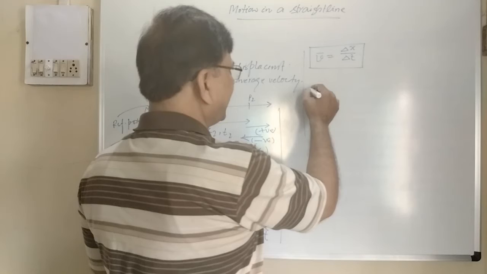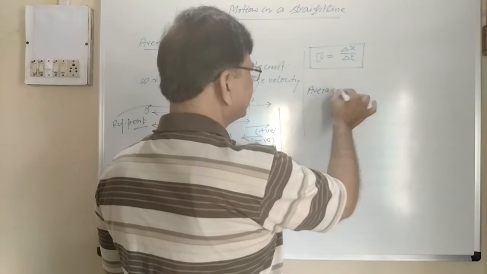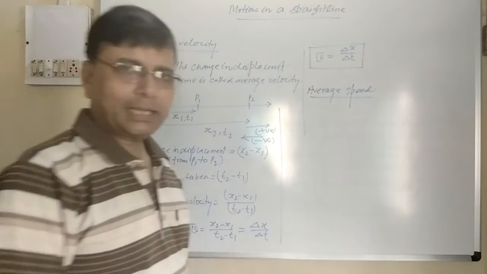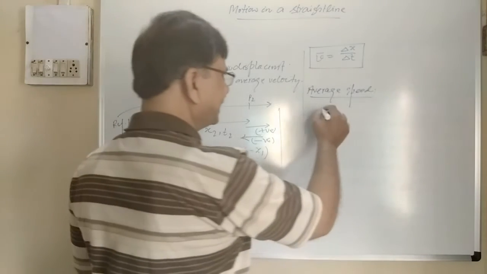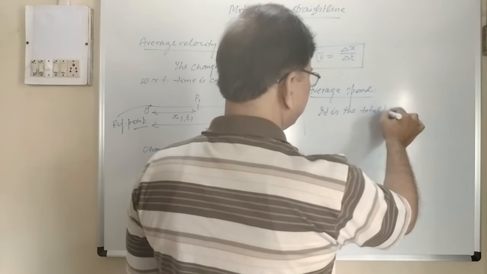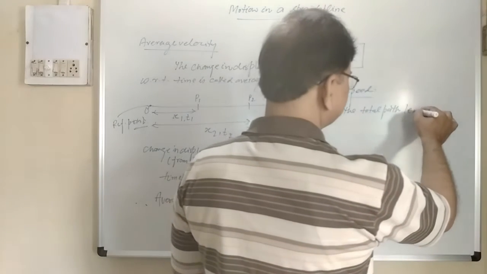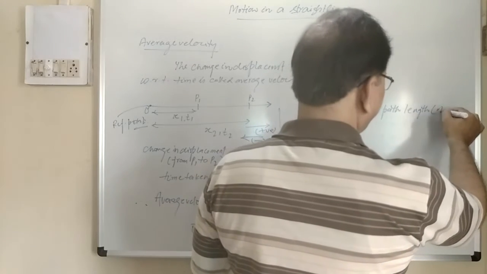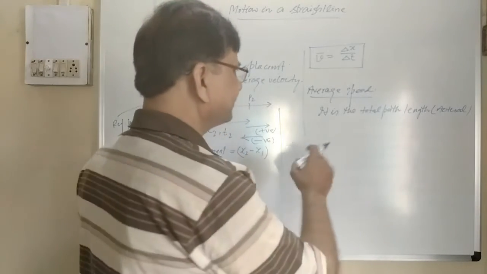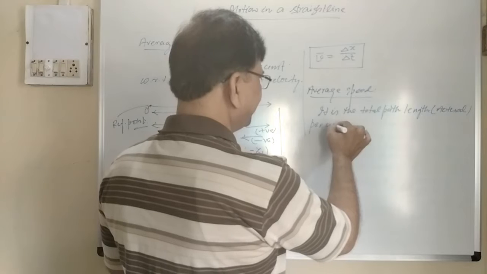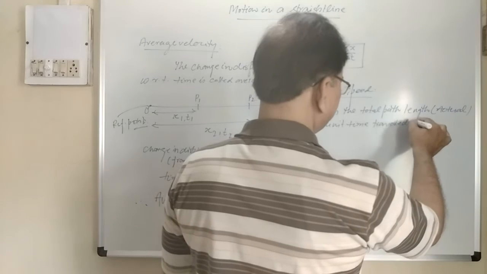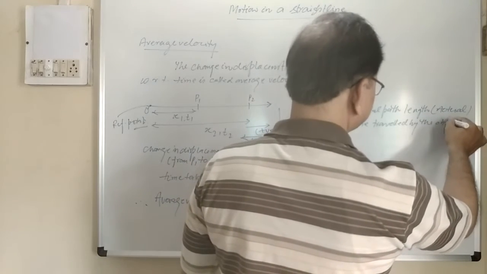Now we will go for average speed. In general, average speed is the total actual path length, meaning the path along which the object has actually moved, per unit time by the object.